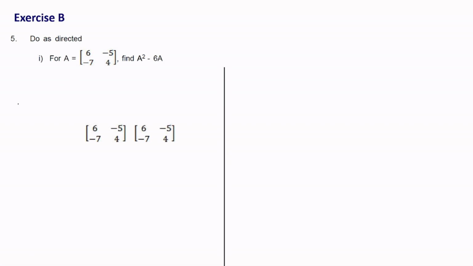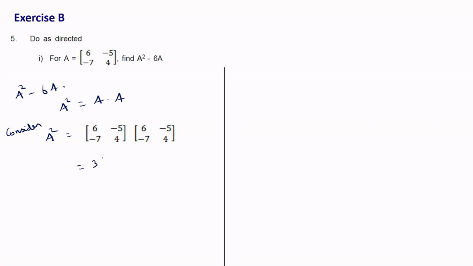So here we have to find A square minus 6A. Consider A square as, A square is nothing but A into A. So A is this matrix, and it is the same matrix twice.